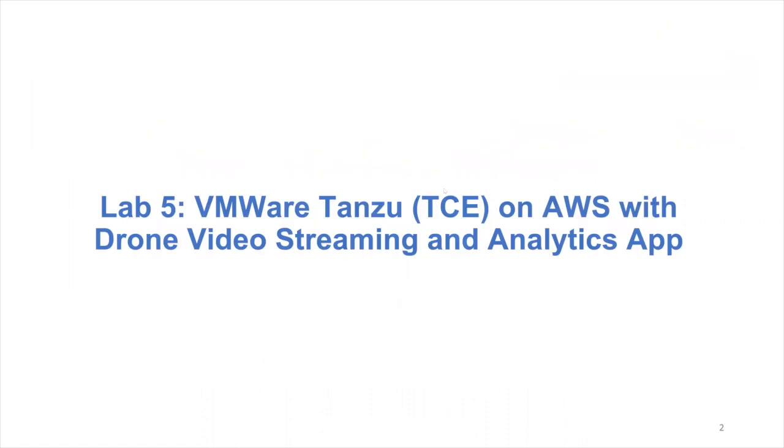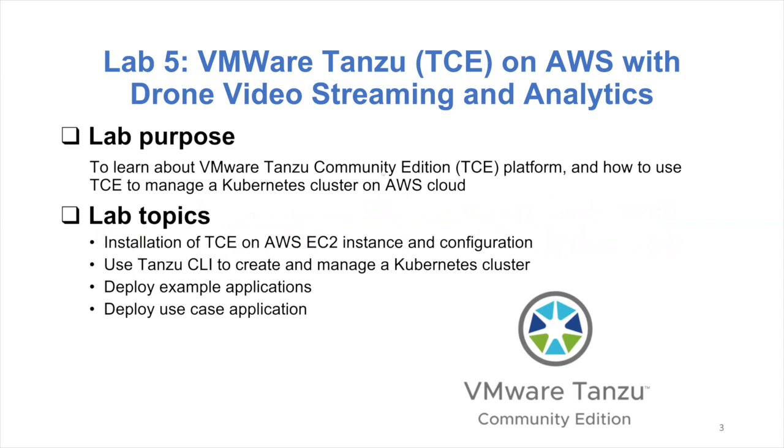This Lab 5 is VMware Tanzu on AWS with drone video streaming and analytics application. The purpose of this lab is to learn about the VMware Tanzu Community Edition (TCE) platform and how to use it to manage a Kubernetes cluster hosted on AWS Cloud.